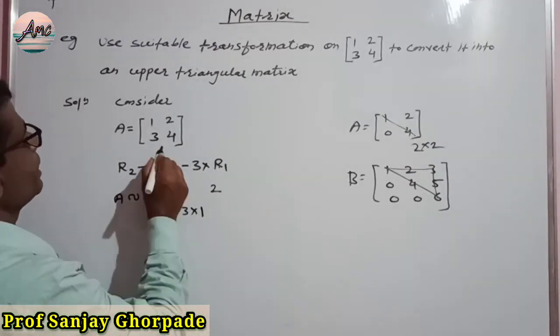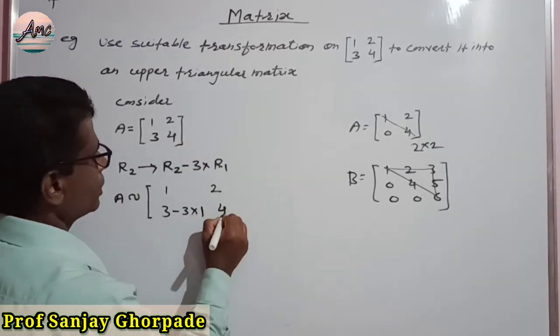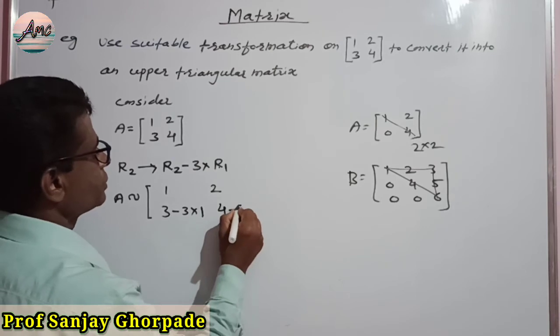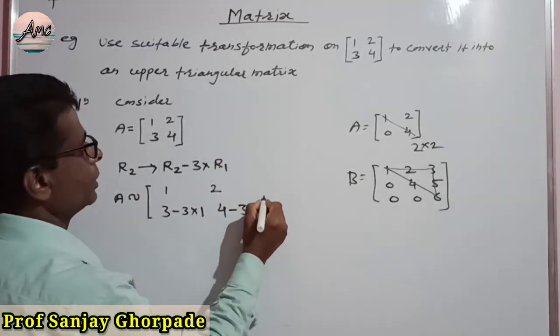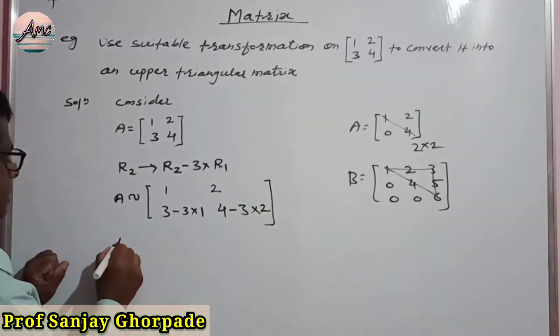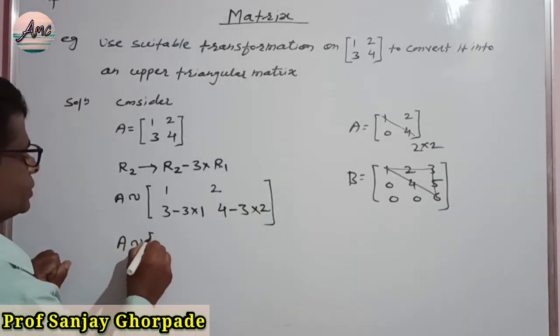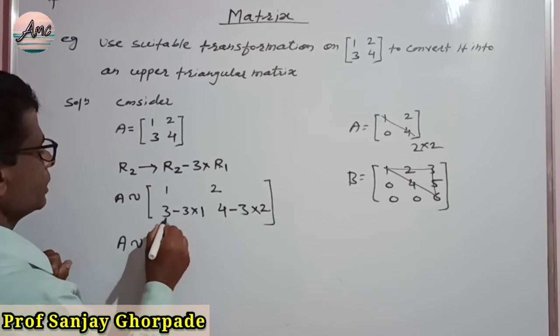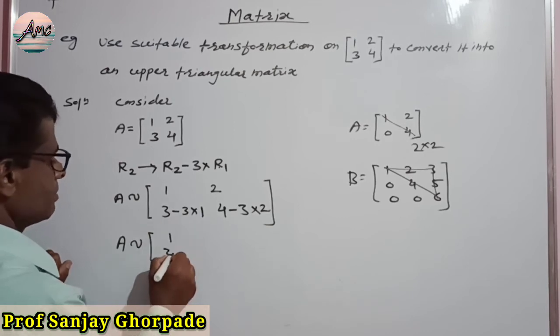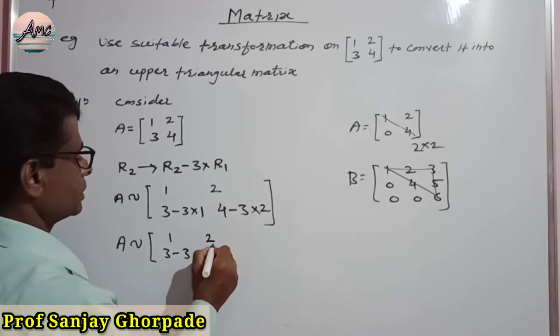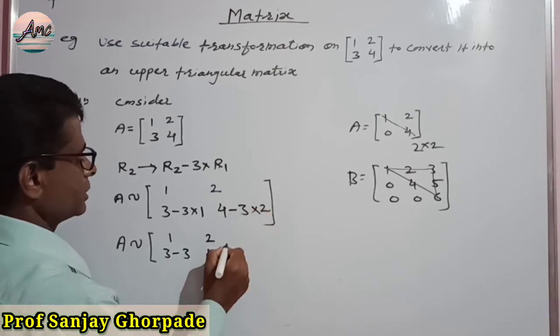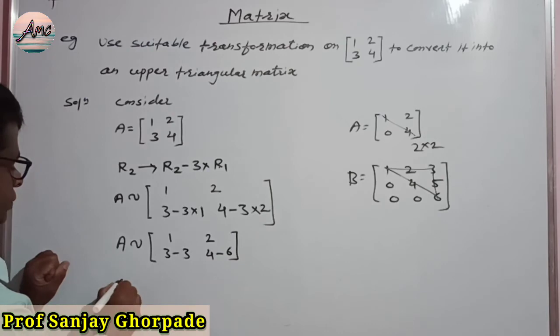Then take the next element: R2 is here 4, then minus 3 into R1. R1 is what here? 2. That is, matrix A is equivalent to 1, 3 as it is, minus 3 ones are 3, 2 as it is, 4 minus 3 twos are 6.